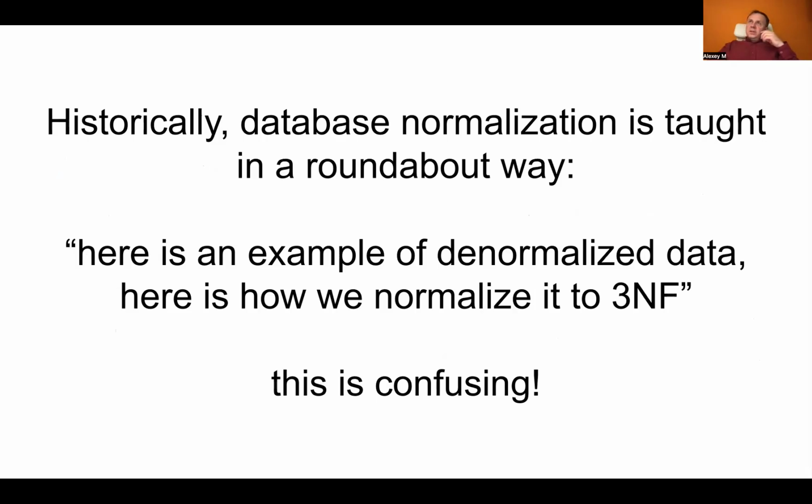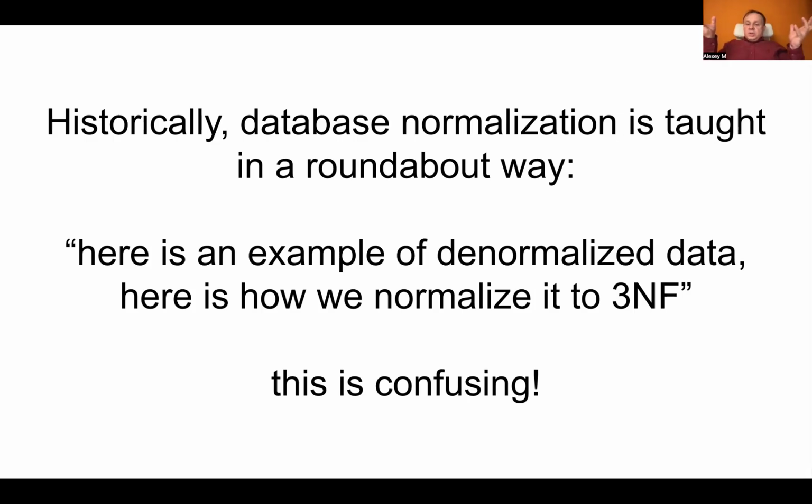You often see an explanation of normalization that says, here is an example of denormalized data, and here is how to normalize it to, for example, third normal form or whatever. And it's never clear why we started with denormalized data in the first place.